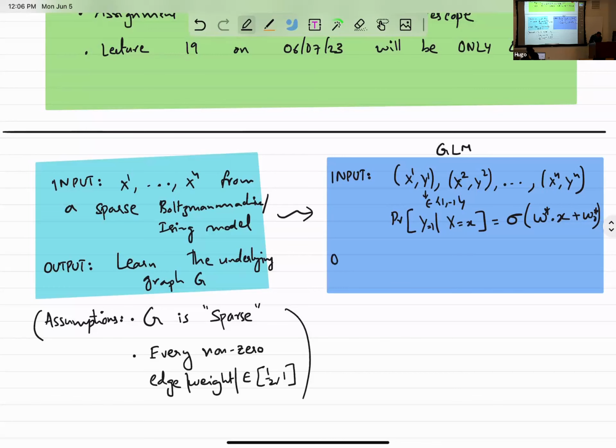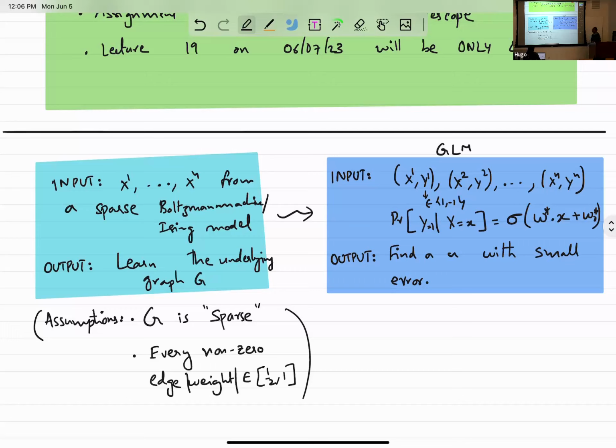Okay. And our goal was to find a u with small error. We're given samples like this, so it's kind of a regression problem, and the error was measured in terms of squared loss.